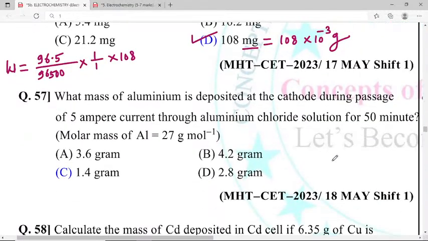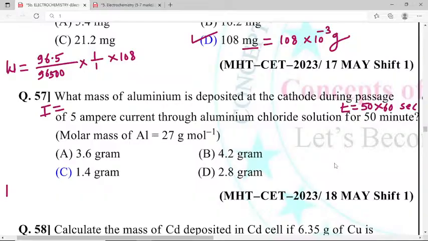What mass of aluminum is deposited at the cathode during passage of current? Same question. Current in ampere, time 50 minutes, so 50 multiply by 60 seconds, and molar mass. So what is the formula here?